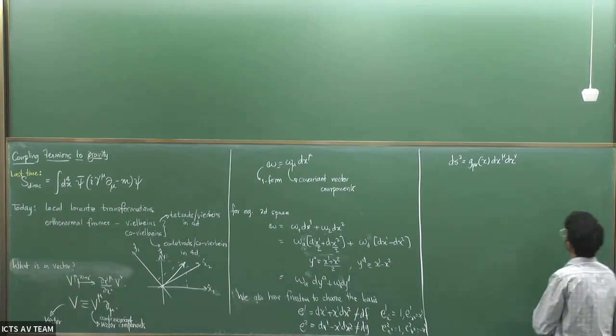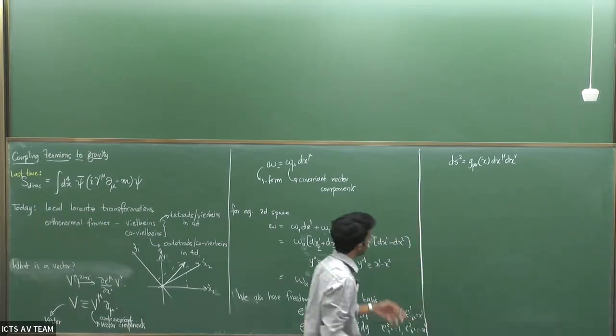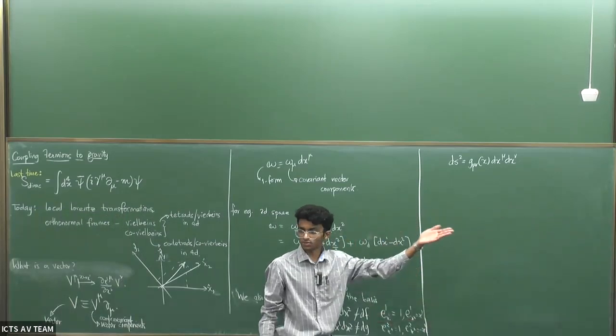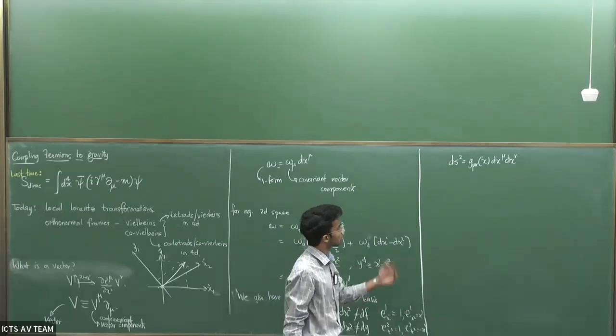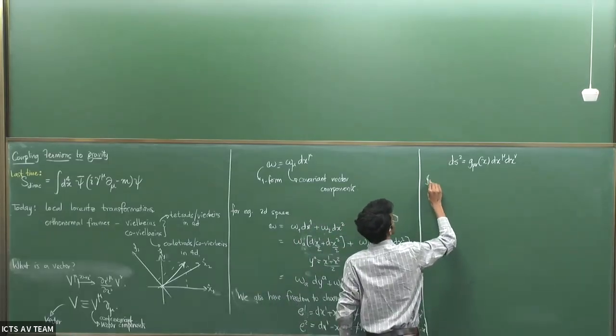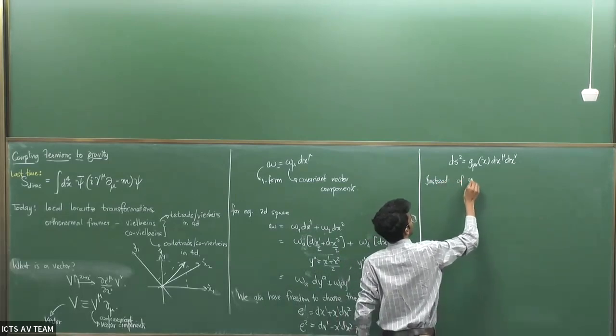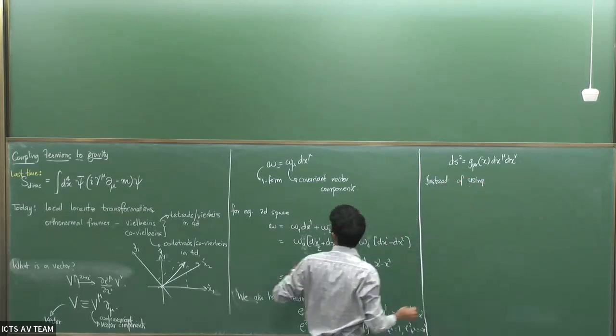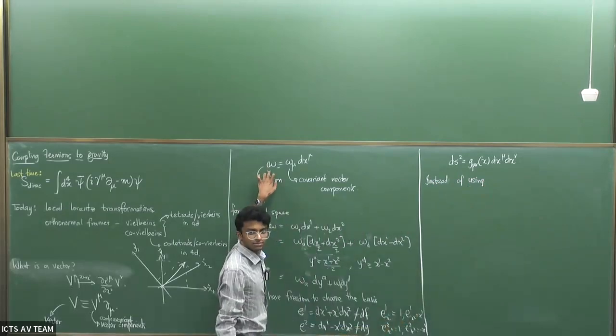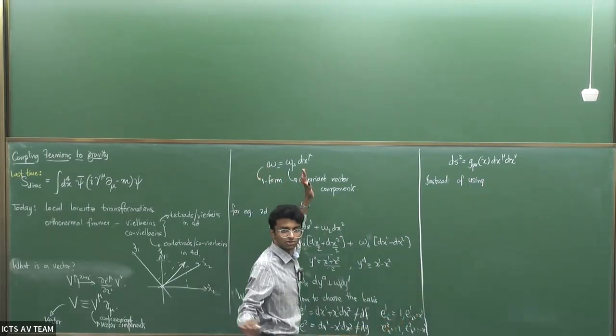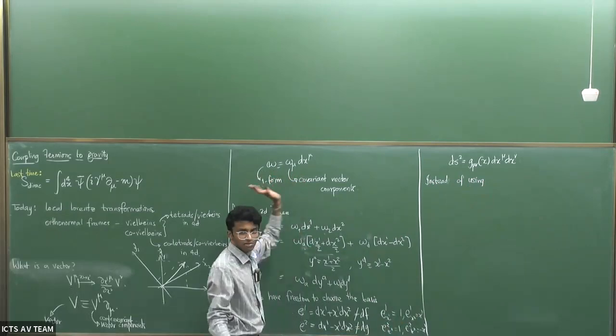Now, instead of choosing the basis dx0, dx1, dx2, dx3, let me choose some other basis instead of using the basis of one forms. Remember what a one form is, anything that looks like this. Okay, that's just what a one form is. You don't need to know all differential form theory. I'm just telling you what a one form is.